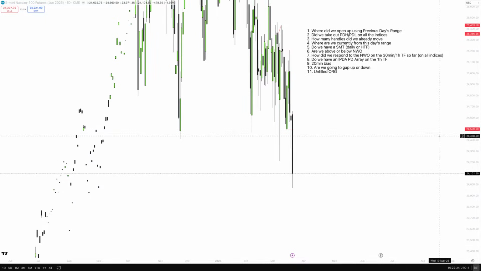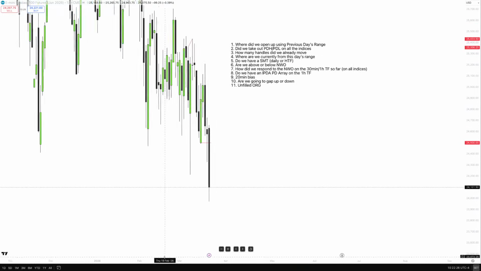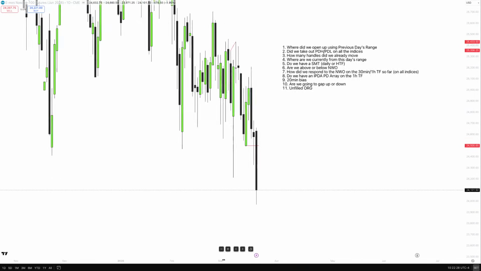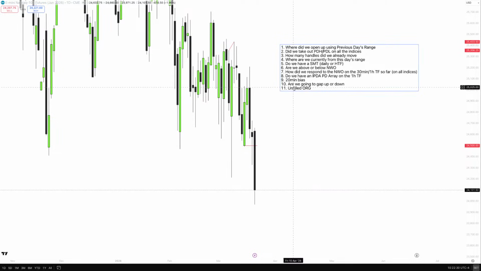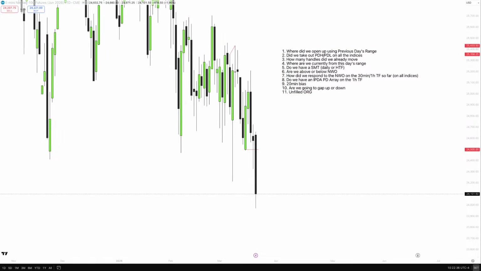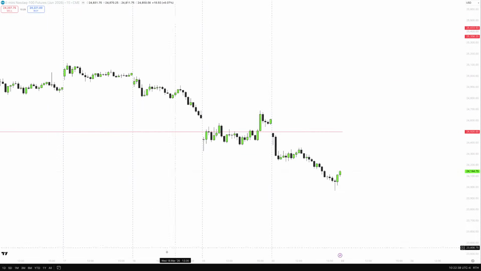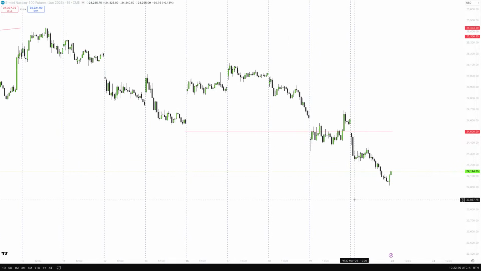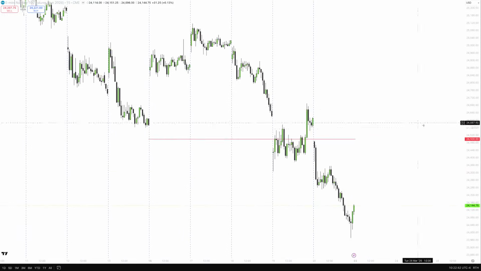Then, also a factor to consider is not only the unfilled opening range gaps, but overall, are we going to gap down or up? And when we go back to the 15-minute time frames, that is very simple.